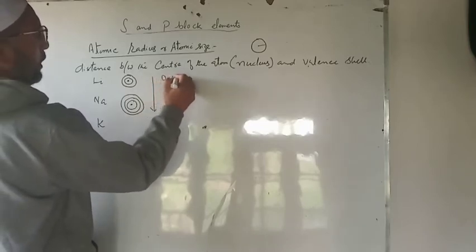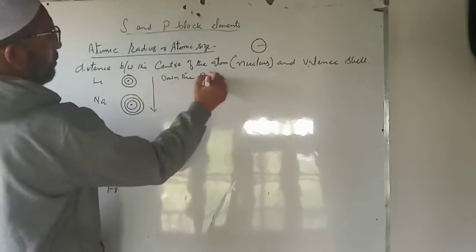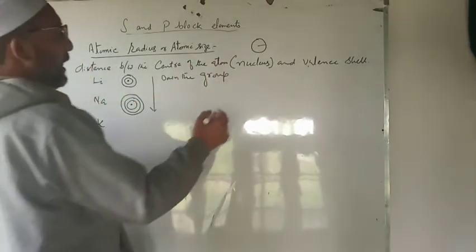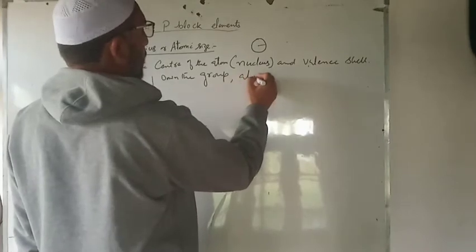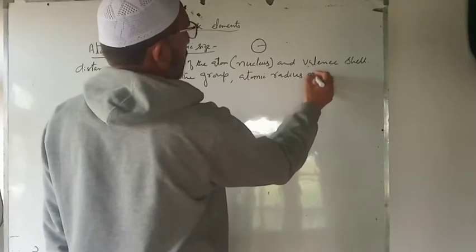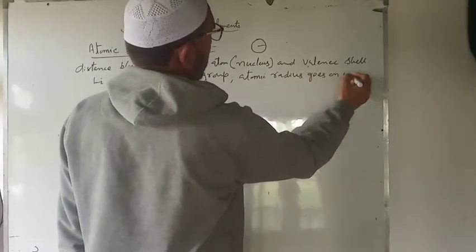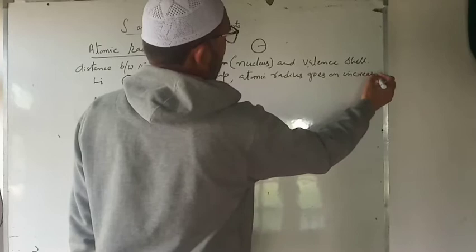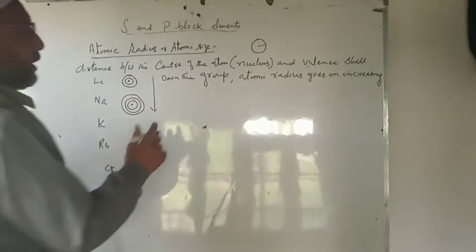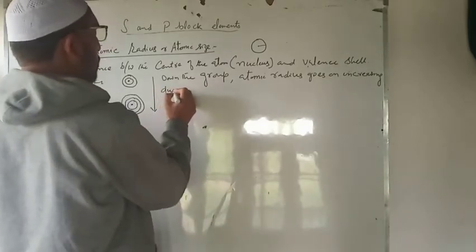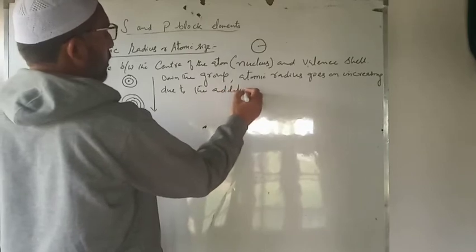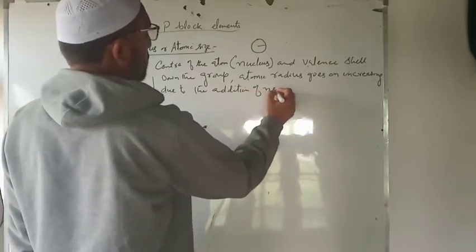So down the group, when we move from top to bottom, the size of the atom, or atomic radius, goes on increasing. And this increase in the size of the atom is due to the addition of new shells.